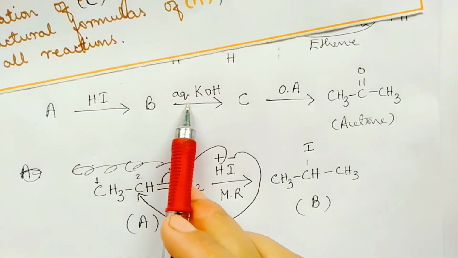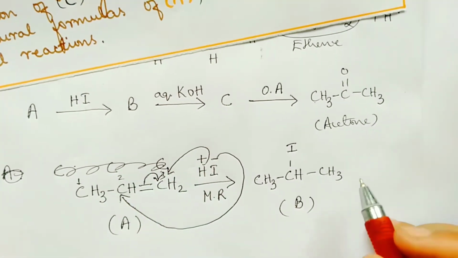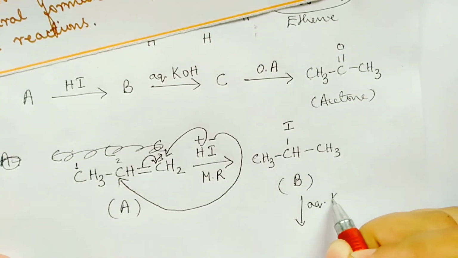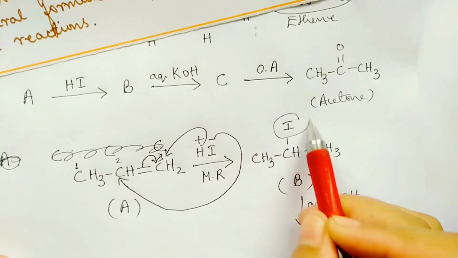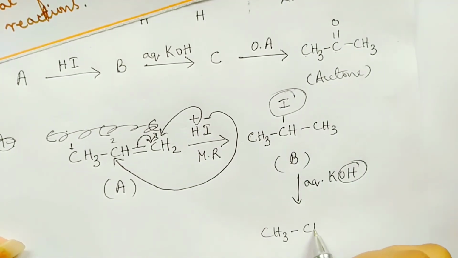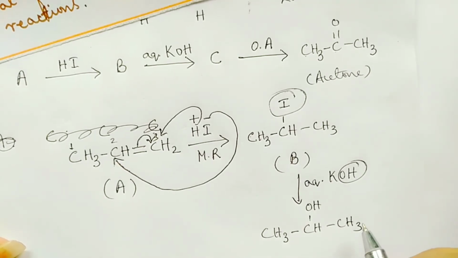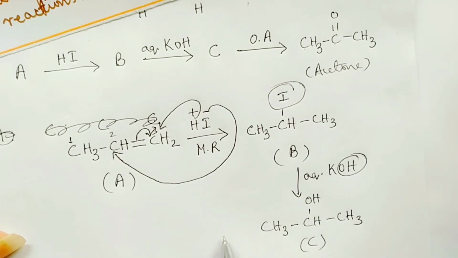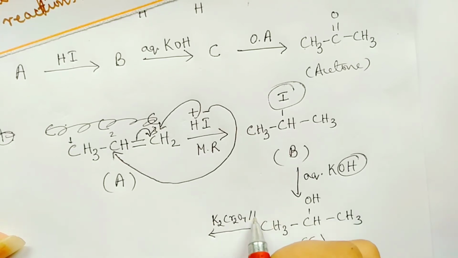Next, you are adding aqueous potassium hydroxide. This group will be replaced by this. So what do you have? CH3, CH, OH, CH3. And next, this is your compound C. You are oxidizing this compound C with an oxidizing agent, say potassium dichromate in acidic medium.